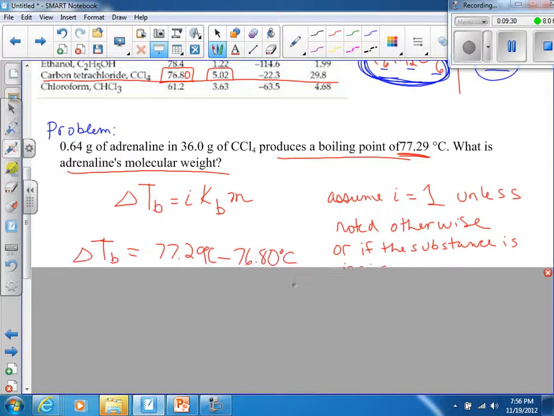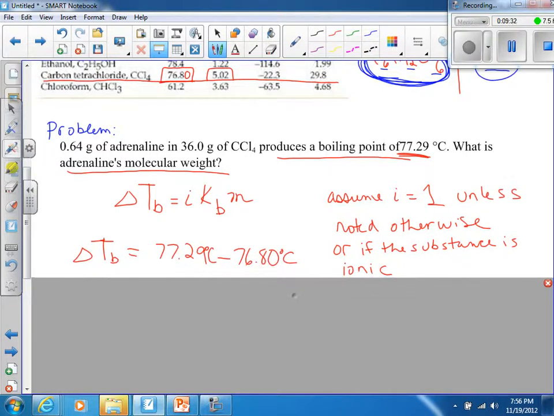Now let's start figuring out some of our information. Delta Tb is the new boiling point with the solute in it, minus the normal boiling point, 76.80, given right there. I is 1.